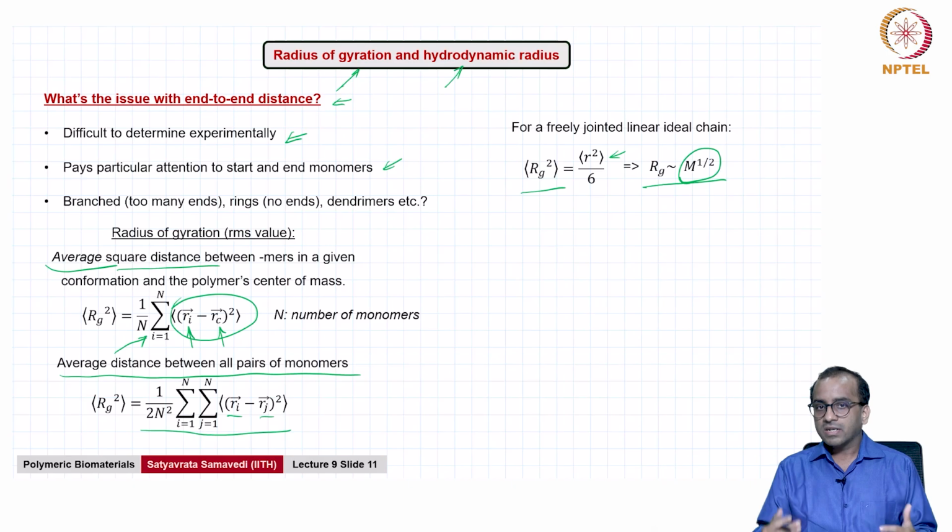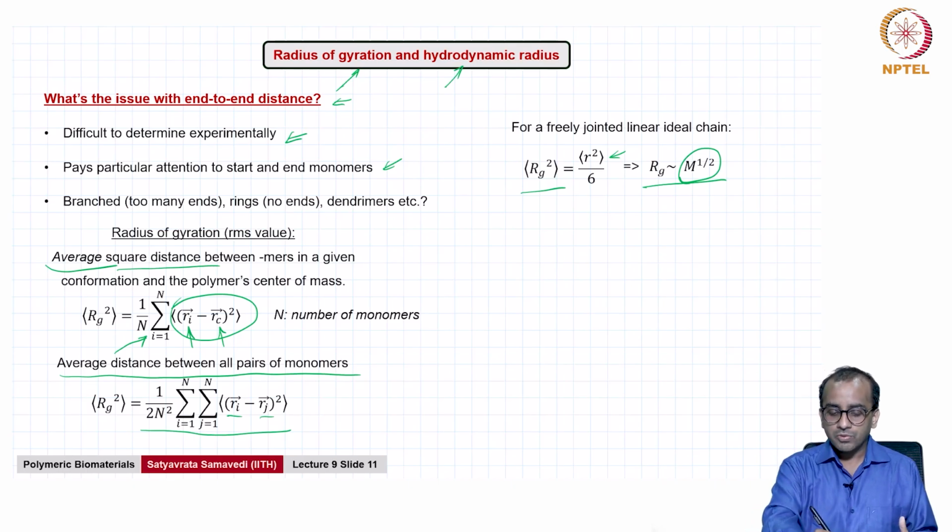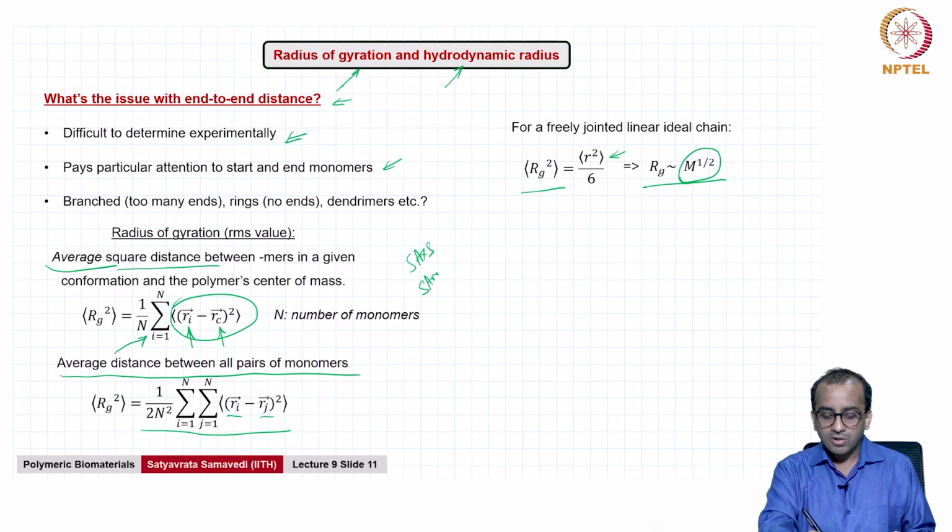Radius of gyration is an experimentally accessible quantity. For example, for proteins it becomes very important as biological macromolecules. It is typically measured using techniques like small angle X-ray scattering or small angle neutron scattering.